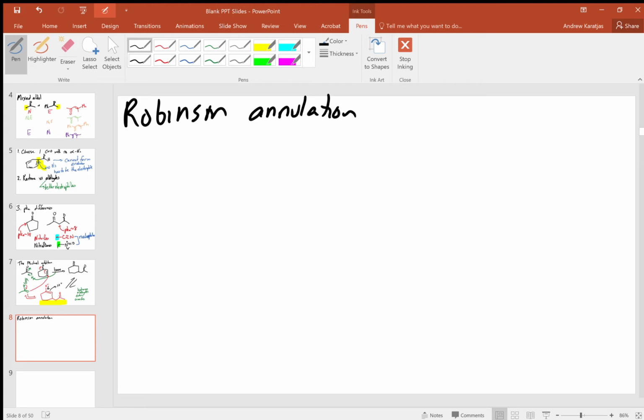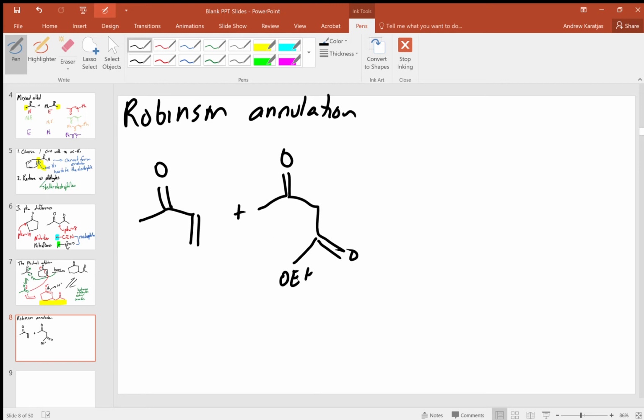Now, the Robinson annulation is going to look complicated. In terms of its number of steps, it's probably more steps than any other mechanism we've learned or will learn in this course. But probably the biggest saving thing about this reaction is that there's absolutely nothing new mechanistically in this reaction.